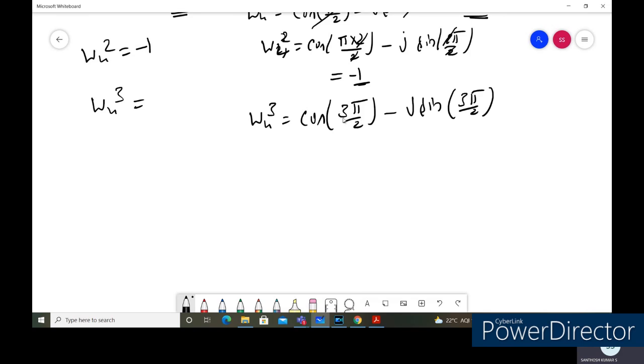Cos 3 pi by 2, or cos 270, will be equal to 0, and sine 3 pi by 2 is equal to minus 1. So minus 1 into minus j will become equal to plus j. So omega 4 to the power of 3 is equal to plus j.